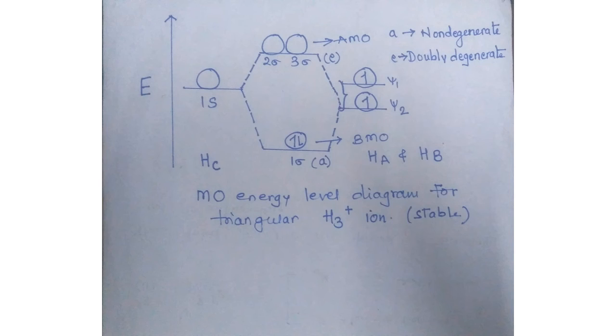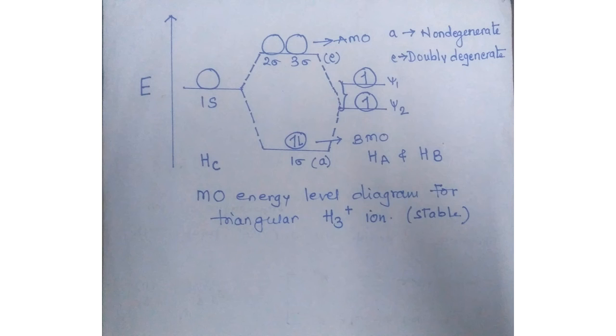It has lowered its energy, almost comparable to that of 2 sigma. So a situation is such that 2 sigma and 3 sigma occupy the same energy level and therefore they are labeled as E. E stands for doubly degenerate orbital.